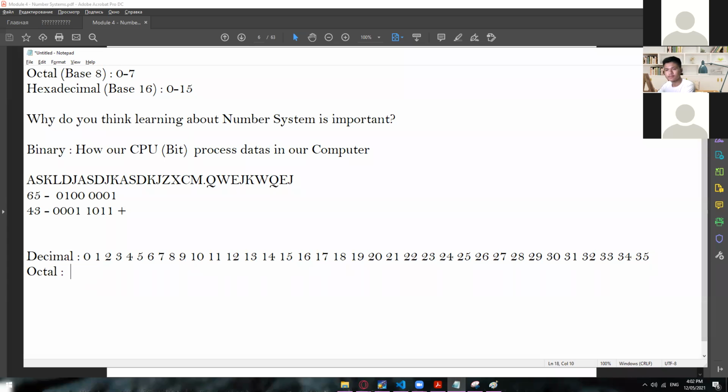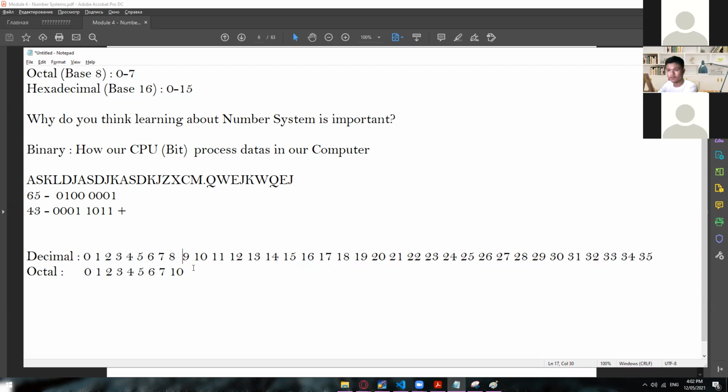All right. And in octal, 0 to 7 is the same as decimal. So 0, 1, 2, 3, 4, 5, 6, and then 7 is the same. However, once it reaches the value of 8 in decimal, the equivalent in octal is already 10. Next to that is, of course, 11, and then 12.